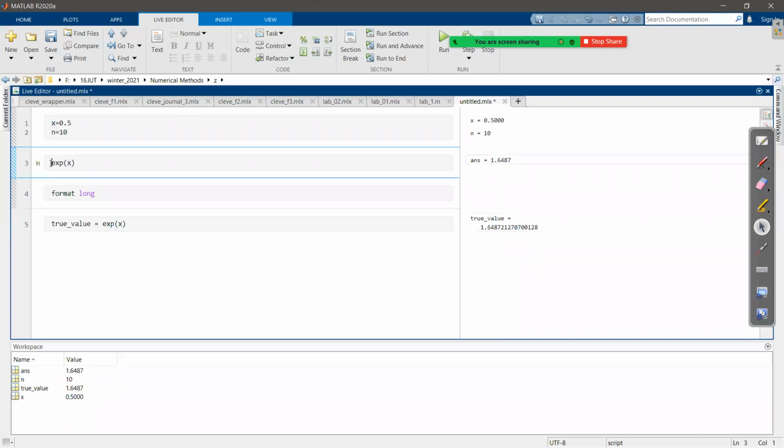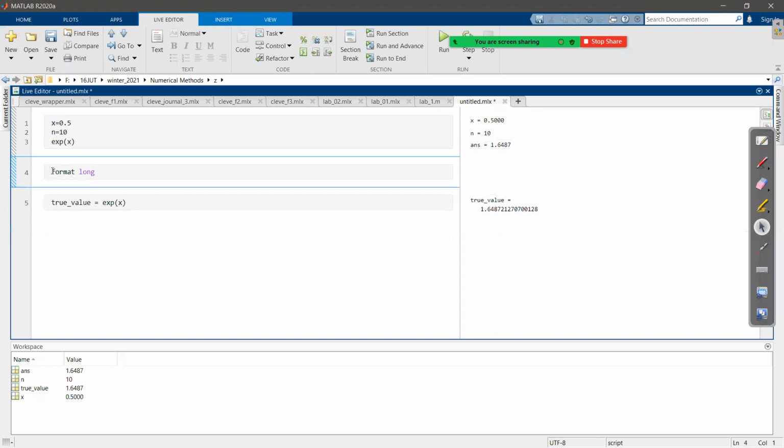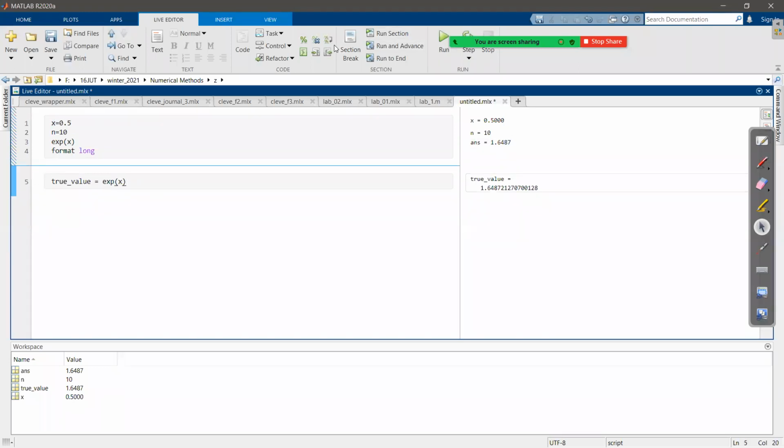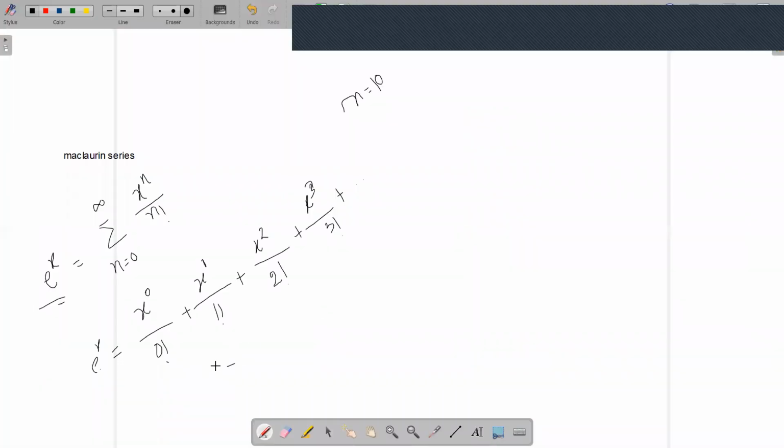Any question up to now? No, sir. Okay, let's start. How to calculate this series? I have to do up to x to the power 10 divided by 10 factorial. That means I can do this using a for loop.